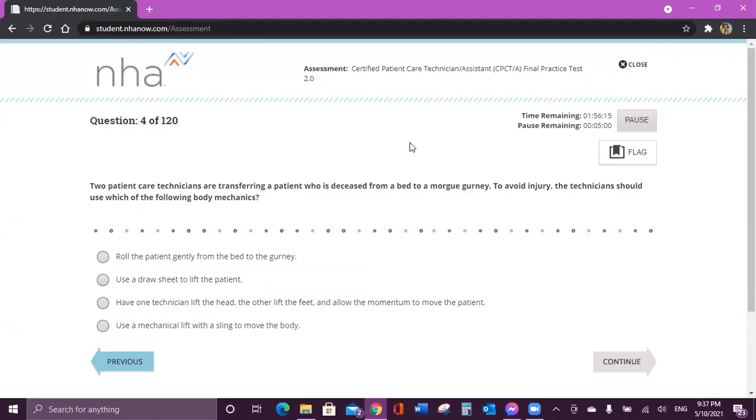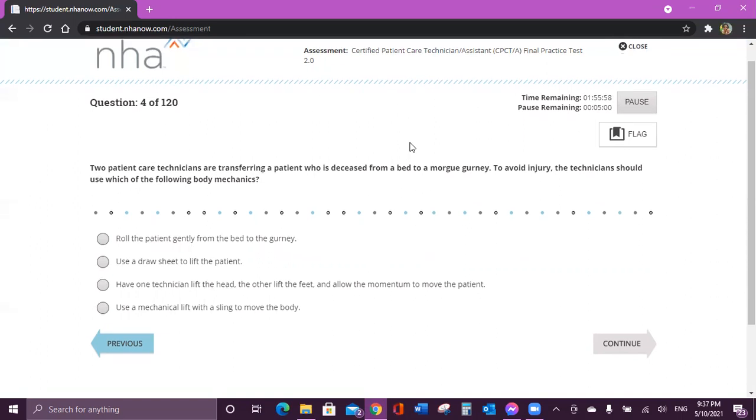Two patient care technicians are transferring a patient who is deceased from a bed to a morgue gurney. To avoid injury, the technician should use which of the following body mechanics?